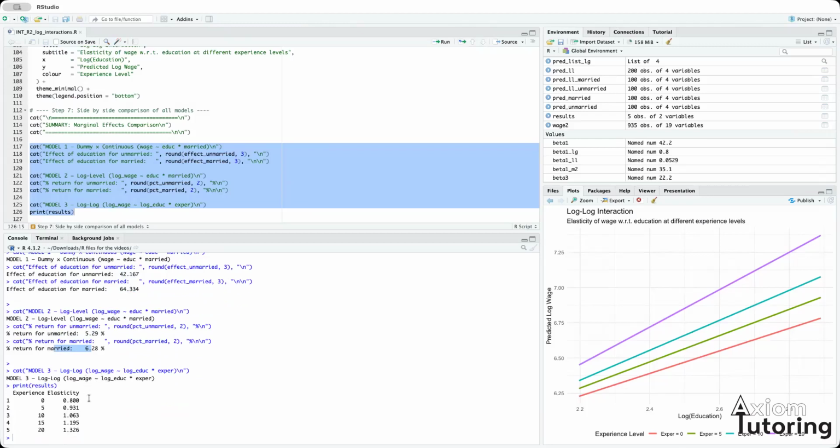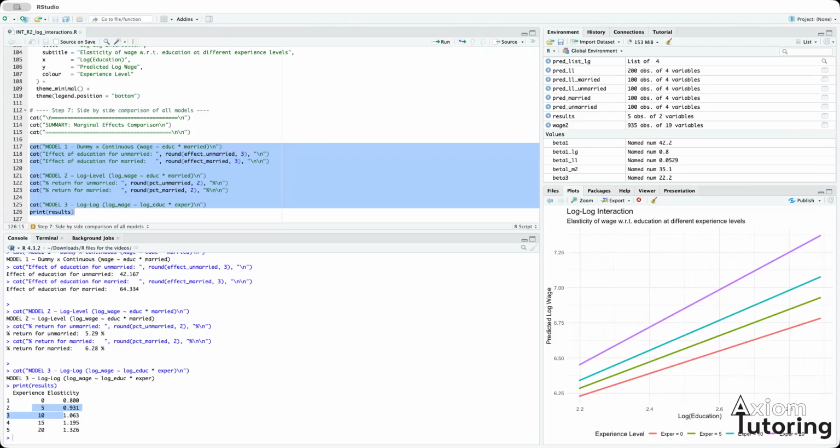So even the interpretation now would have been different by saying that we are increasing education by 1%. So the percentage change in wage would have been a certain level depending on the experience that we plugged in. Okay, so these are all three different models, three different interpretations.